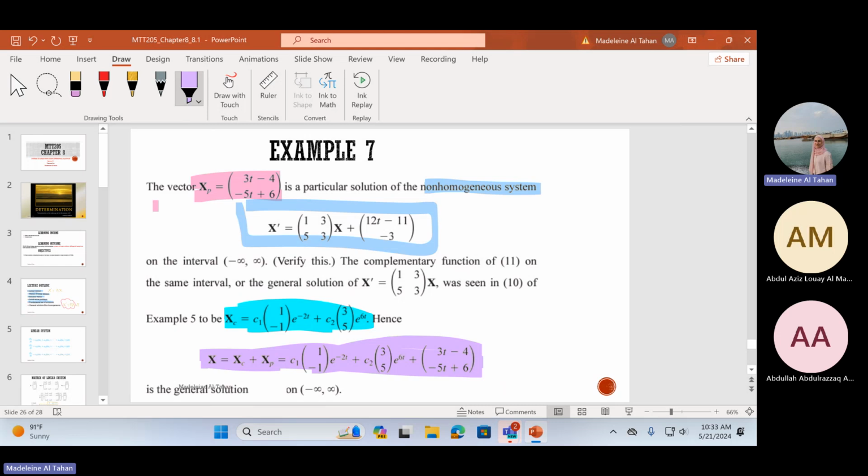We substitute, find xp prime, substitute it here, add it here, and you will get left-hand side equal right-hand side. Okay, Miss?